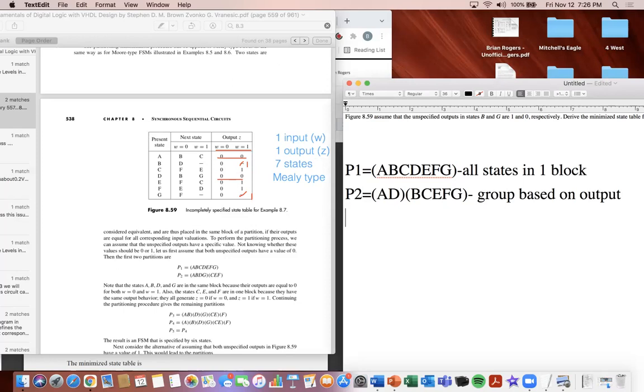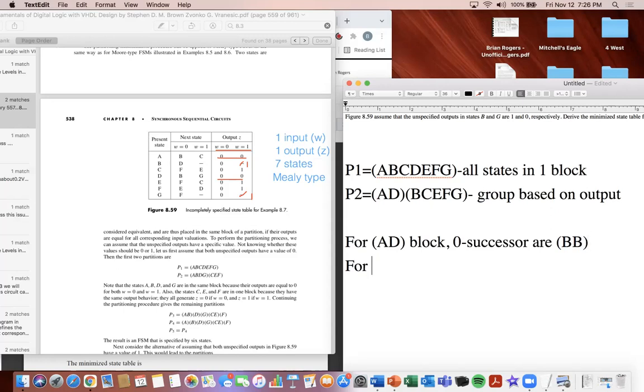now for the AD block, the 0 successors are, look at AD here, A, 0, B. D is B. That's in the same block. Yay.